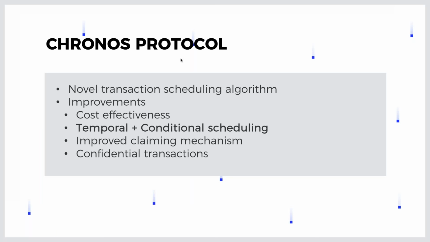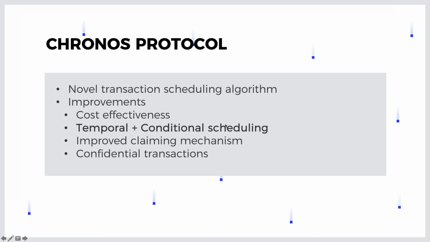Over the Ethereum Alarm Clock, we did a lot of improvements, especially in cost effectiveness. The gas cost has been decreased quite a lot. We also started working on, and we have something working actually, conditional scheduling, so temporal and conditional scheduling, and an improved claiming mechanism.